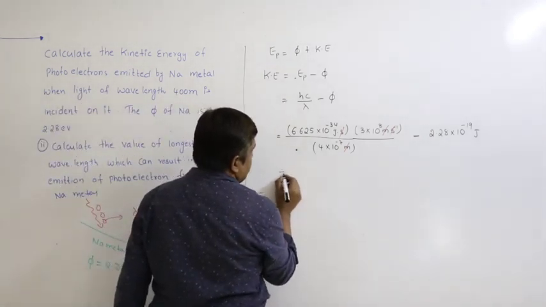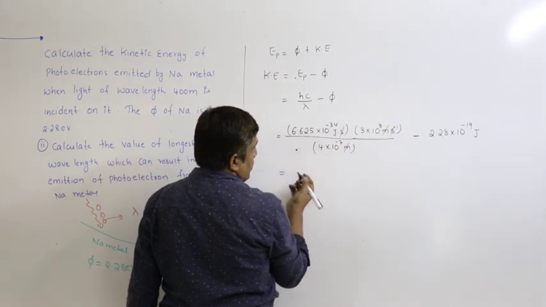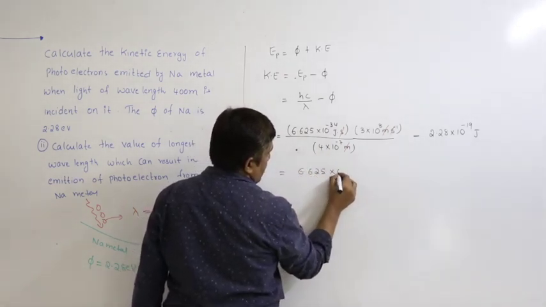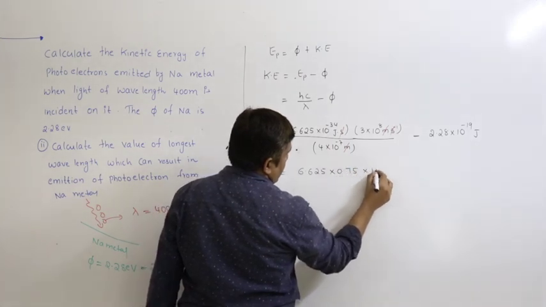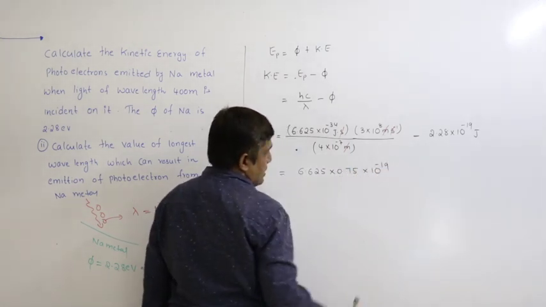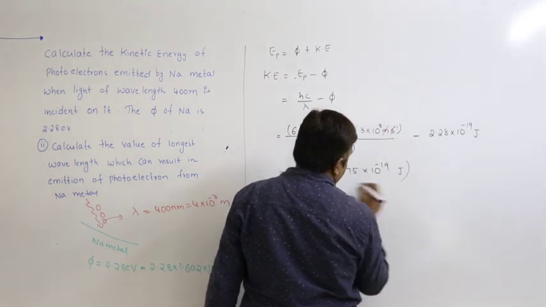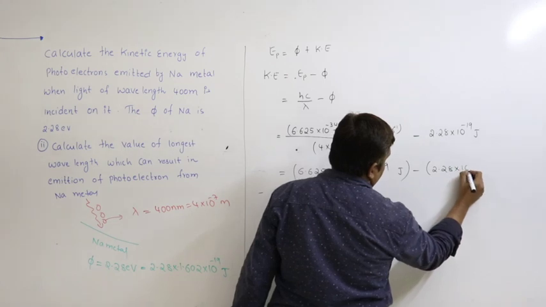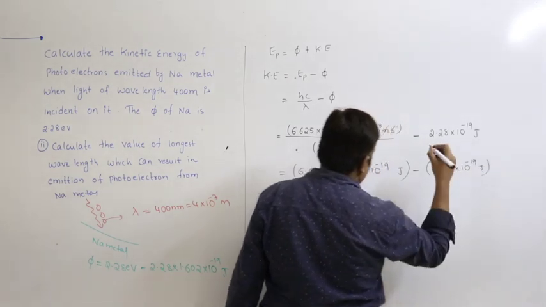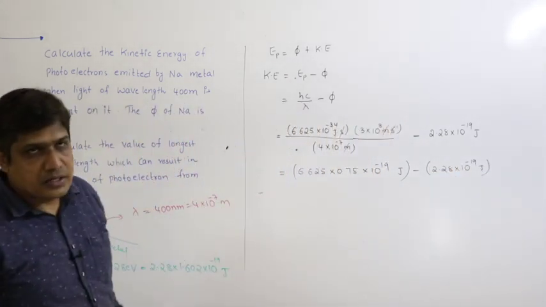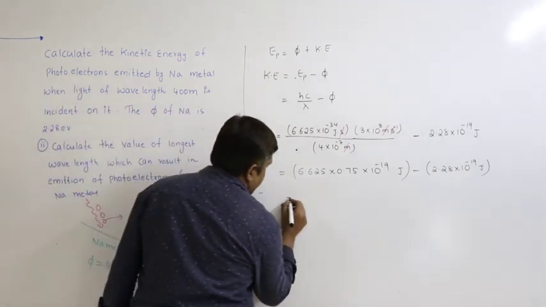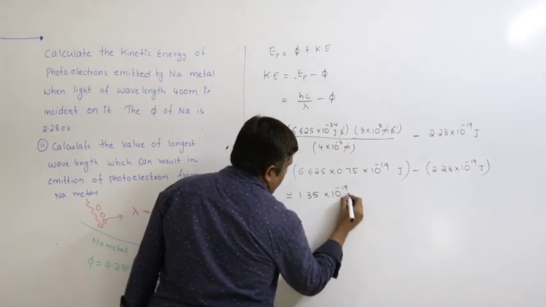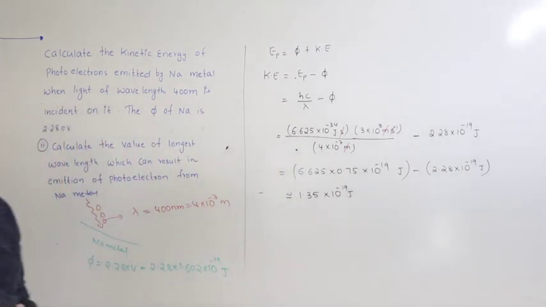So this is 3 by 4 or 0.75. 6.625 into 0.75 into 10 power minus 19 joules minus 2.28 into 10 power minus 19 joules. So I have to do the simplification. Approximately you will get 1.35 into 10 power minus 19 joules.